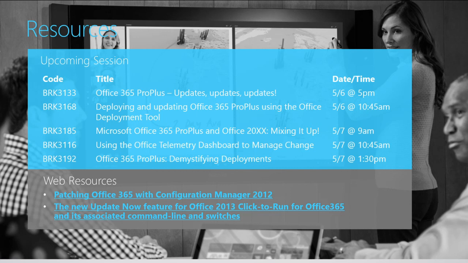So if you are going to be doing coexistence work between your existing Office as well as Office 365 ProPlus, that's certainly something that you can do. We'll talk about the pros and cons around that, and then the telemetry dashboard, and then overall demystifying deployments. I put in 2 web resources. One talks about the step-by-step for setting up packages and programs using SCCM, and the other has more information around the Office C2R client.exe.